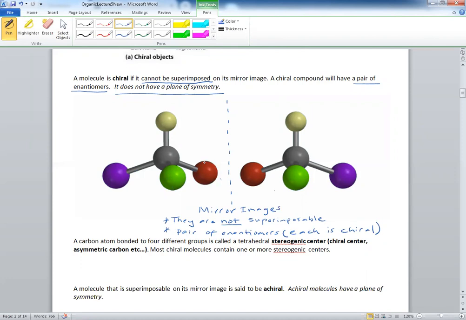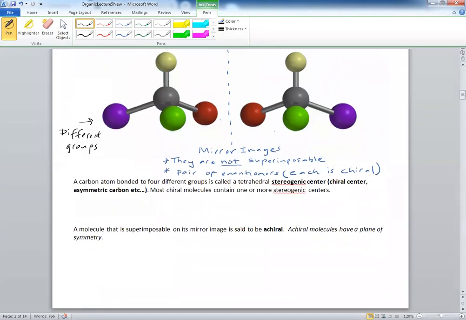They don't have to be atoms. They can be groups or substituents. One criterion is that they have to be all different. You have to have 4 different groups. Count them here. You'll see that these are different colors, which again means that they are different groups. They could be atoms.